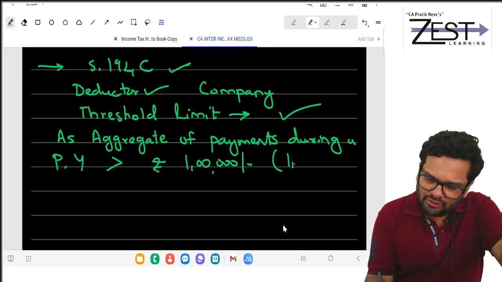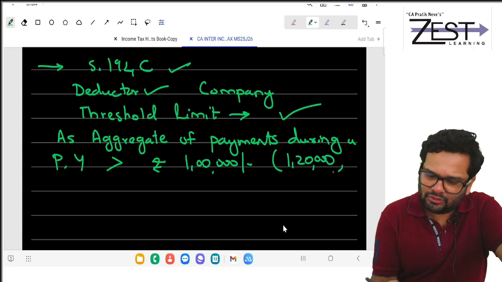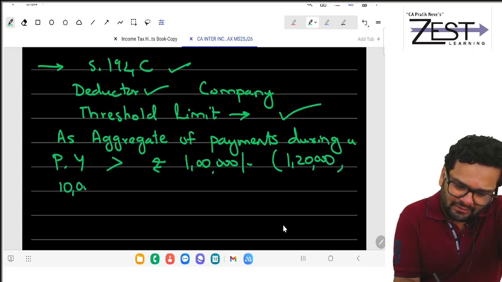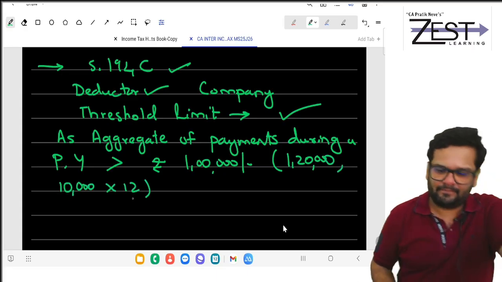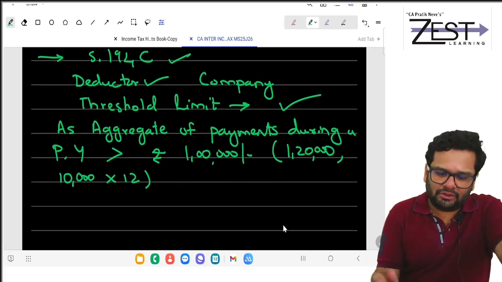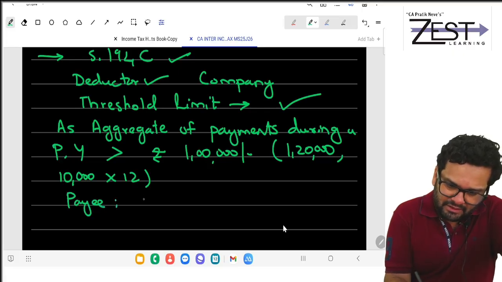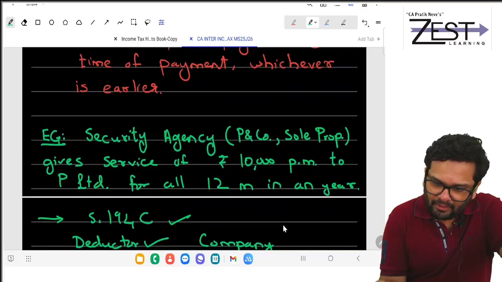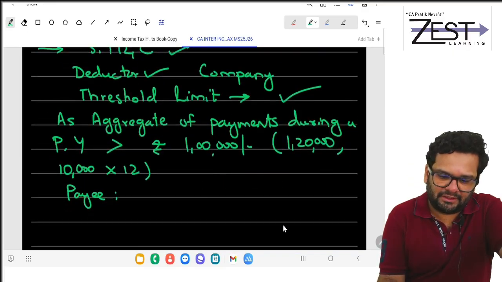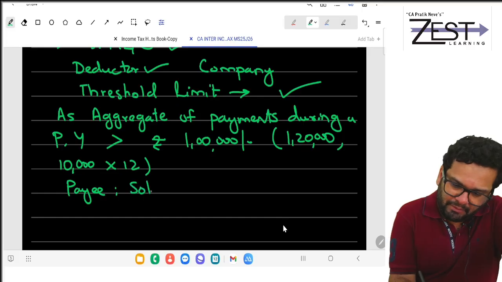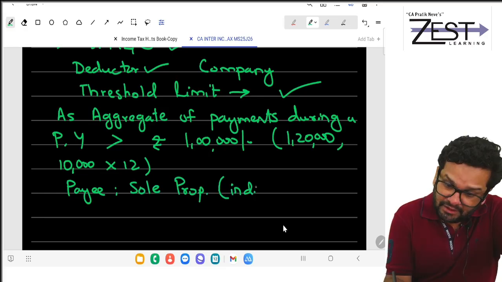As in the given case, it is 1 lakh 20,000. Why is it 1 lakh 20,000? One more thing, who is the payee? Payee is sole proprietor. Sole proprietor means individual.